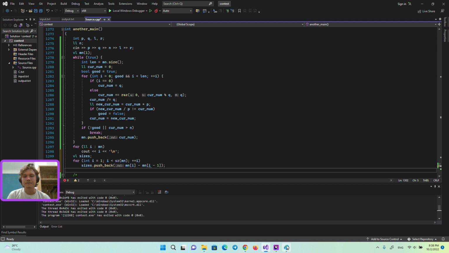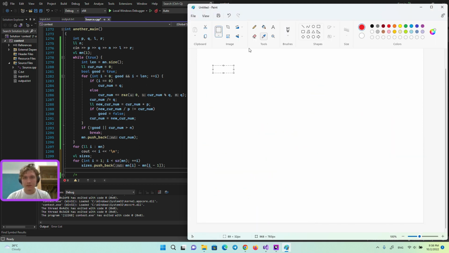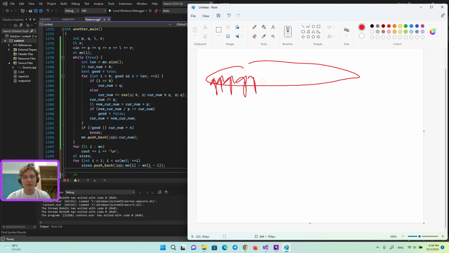So what do I need? I need to eliminate L minus 1 numbers, okay? So now I have some numbers. Okay, now I point at minimum numbers, okay? So what I need is to just jump with these pointers.